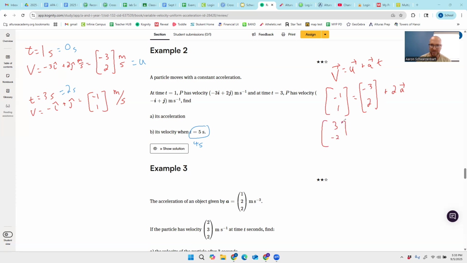So I'm subtracting it or adding the opposite, giving me 2, negative 1 equals 2a. When I divide both sides by the scalar 2, I get 1, negative 1/2 is my acceleration.